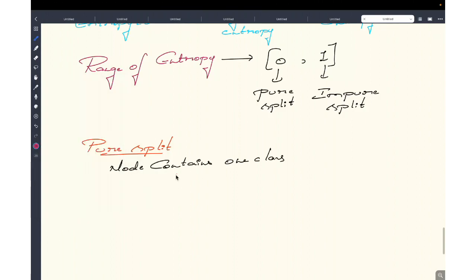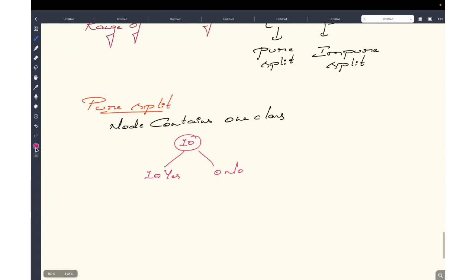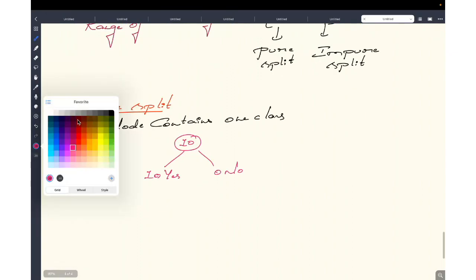Let's say for example, if there are 10 people who want to play a game, and all 10 get an option of play, or 10 friends who are saying yes to a trip. If it's 10 yes, 0 no, we call it a pure split. When it comes to impure split, just opposite.